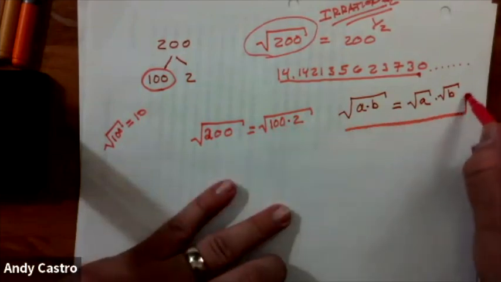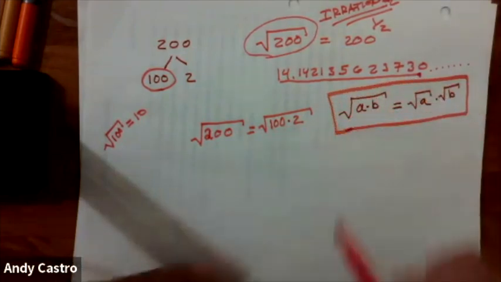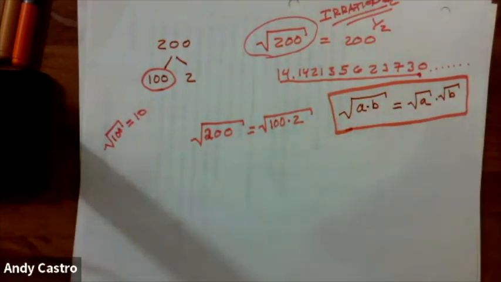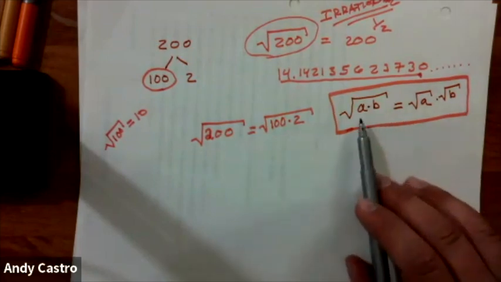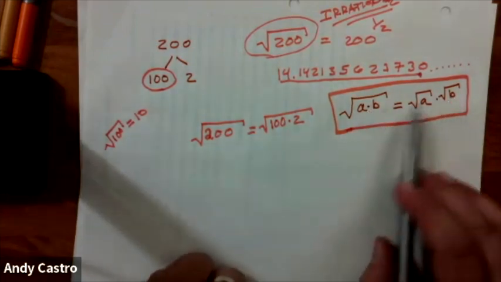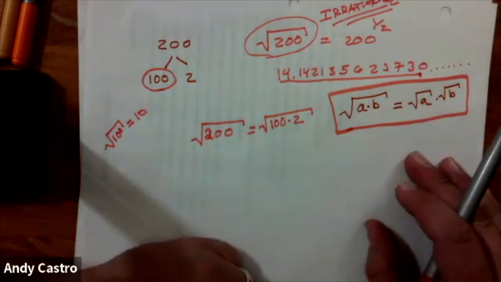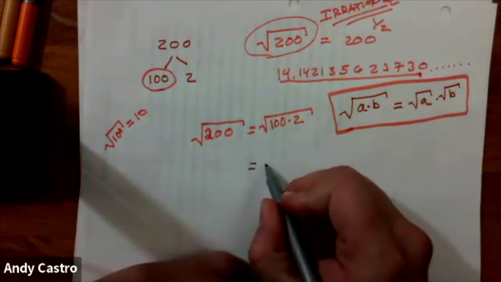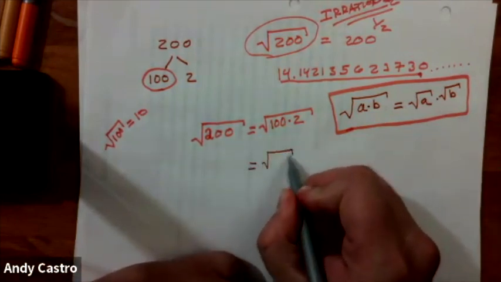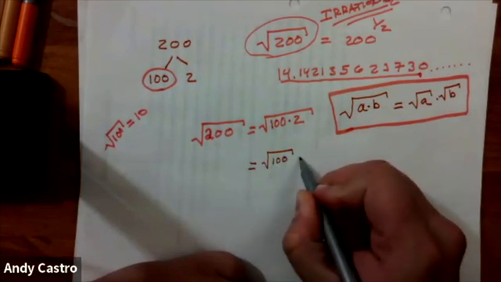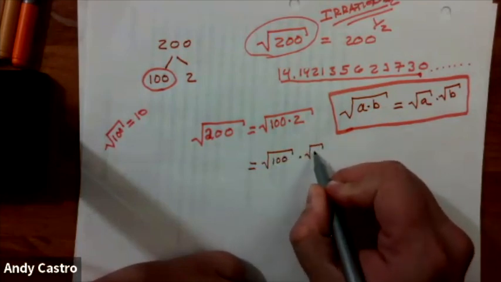Now I'm going to use this principle that I just taught you. We have the square root of 100 times 2, so I can split those two into their own individual radicals. This becomes the square root of 100 times the square root of 2.